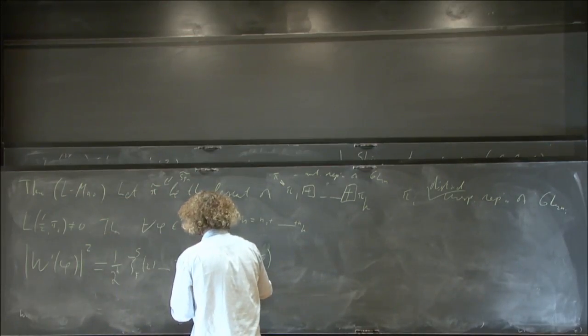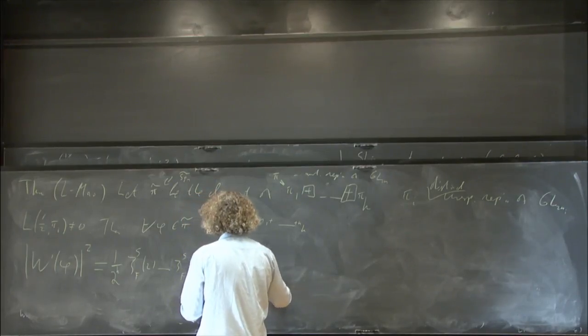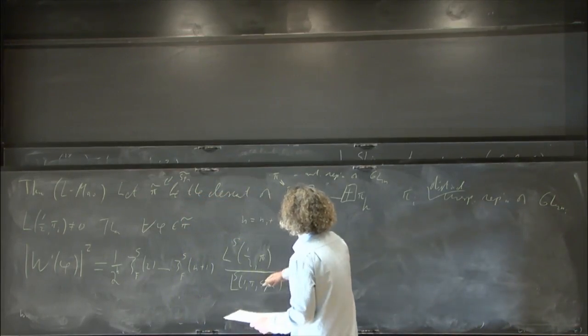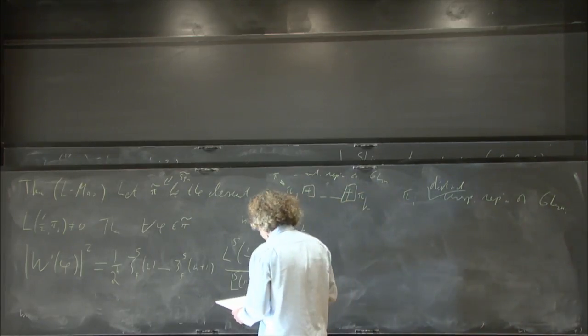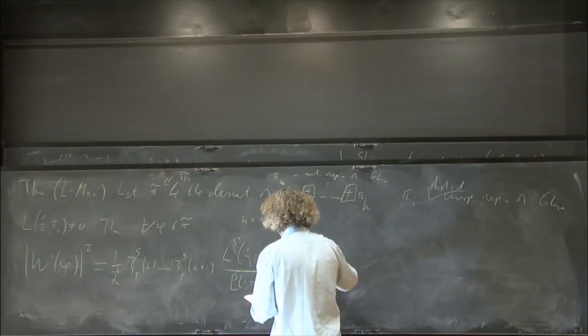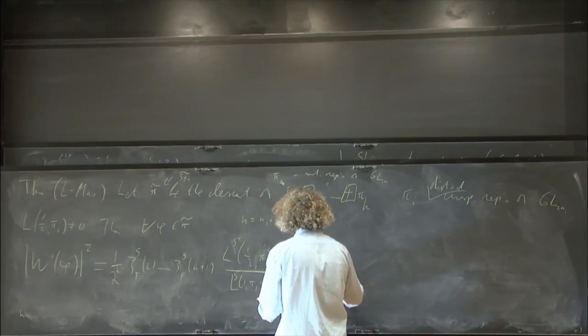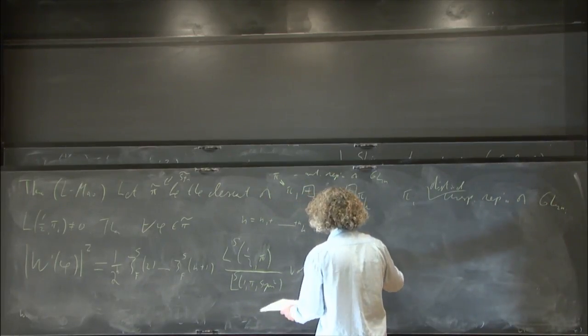And then I have the L(1, pi, symmetric square), which is non-zero because each one of these is non-zero, and then they are distinct. And then this volume of n of prime. Yes, these are the n integers.